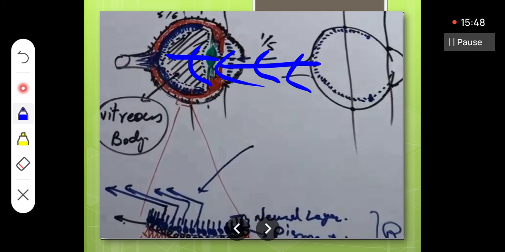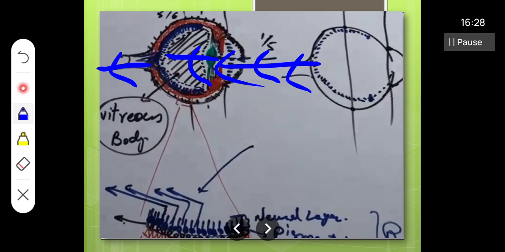The photon energy stimulates the rod cells and cone cells, and they convert this light energy into action potential, which goes out of the eyeball through the optic nerve to the central nervous system, and that's how we can see anything with our eyes.